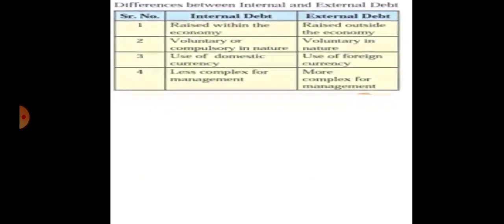So let's discuss the next chart related to internal and external debt. Internal debt is raised within the economy, and external debt is raised outside the economy, because we know debt is a supportive part of development. The second point is the condition: internal debt is voluntary or compulsory in nature, and external debt is voluntary in nature.